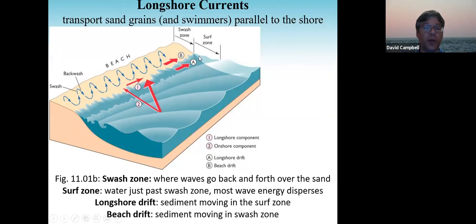It's where we have water there basically all the time, but the waves are breaking in the surf zone. And that's where most of the wave energy is being released and affecting the shore. And again, as we set up currents there, we have longshore drift.